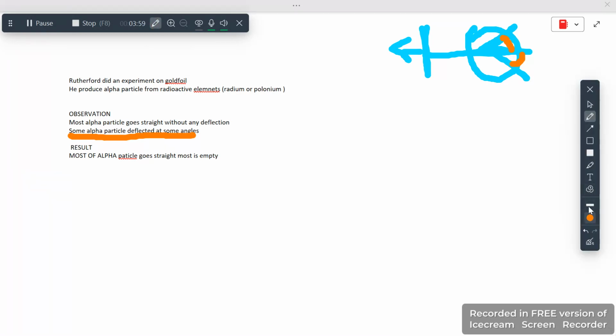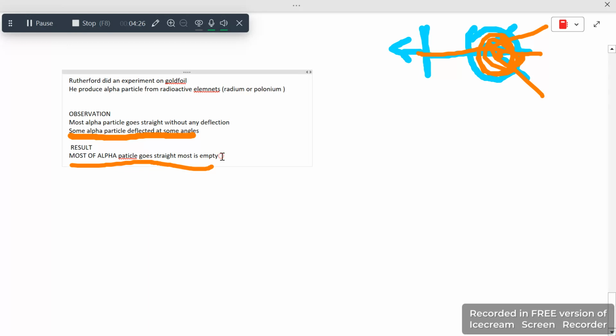This just says that if most alpha particles go straight, most of the atom is empty space. How? The rays are going through this and some are deflecting, some are going down. This means none of the rays is staying here. This means the atom is empty space. They don't have much in their atom, but they are empty space. Most of the atom is empty space.